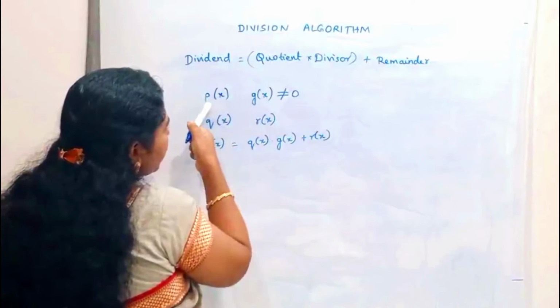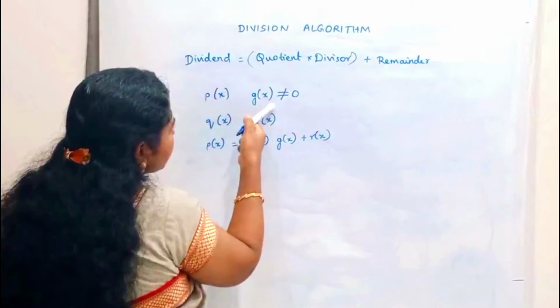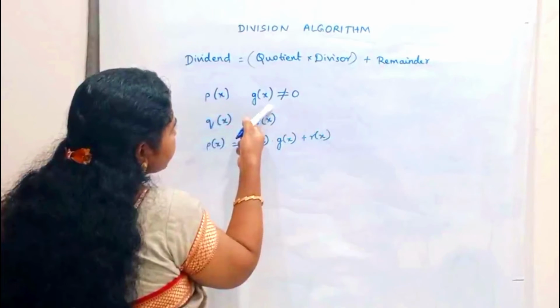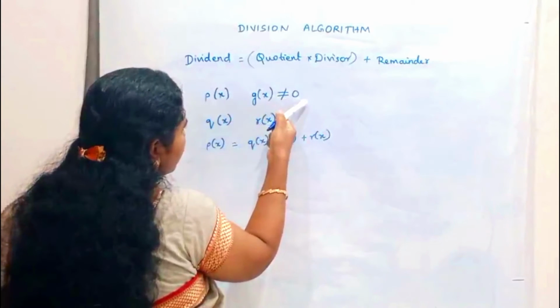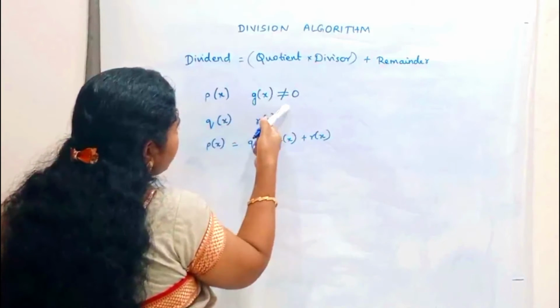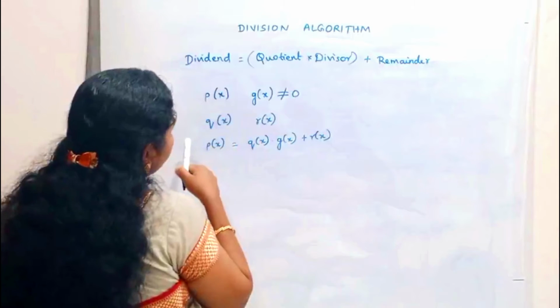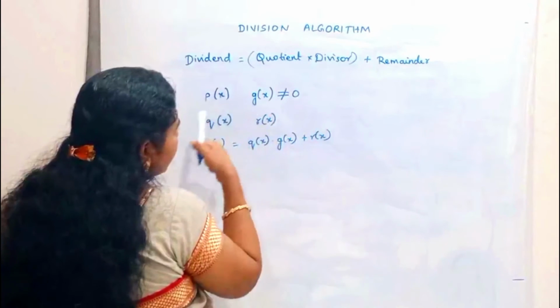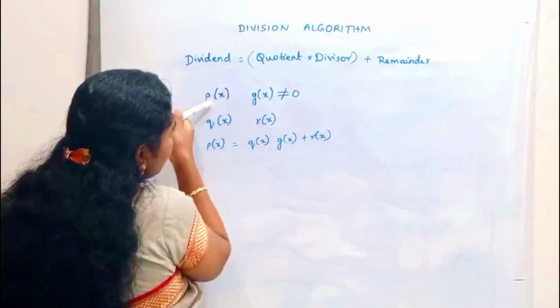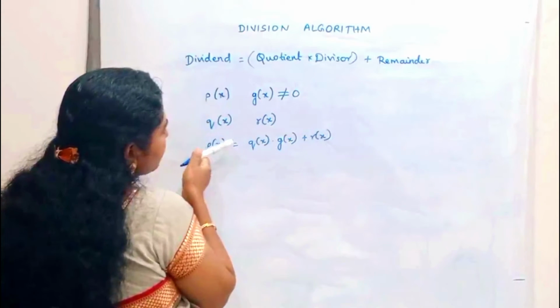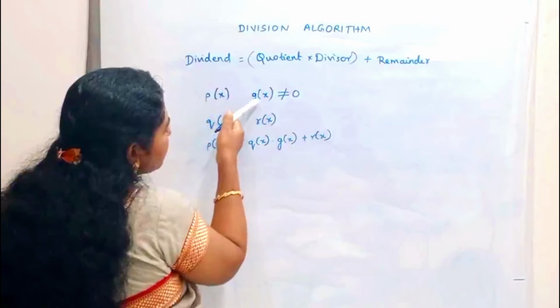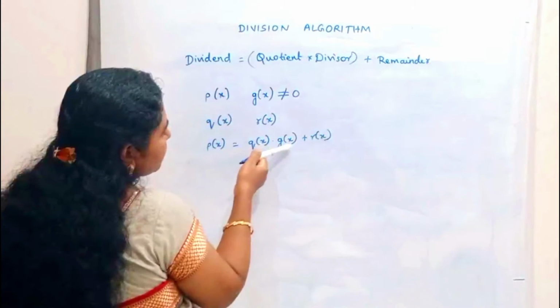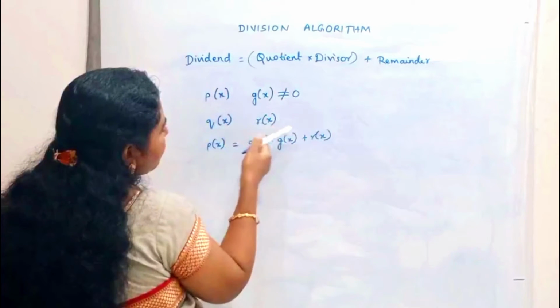That is, p of x and g of x are given, g of x is not equal to 0. So in that case, we can find out two polynomials, q of x and r of x, which satisfy the condition p of x is equal to q of x into g of x plus r of x.